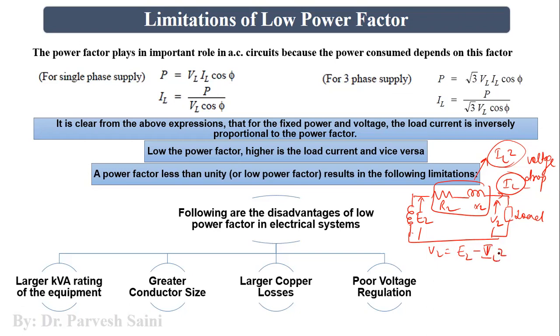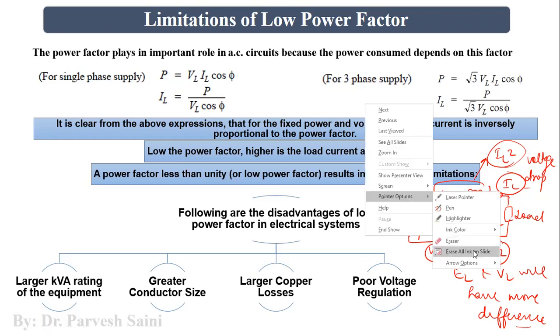So if this increases, V2 will decrease, and E2 and V2 will have more difference. In this case, the voltage will not be able to regulate as per the requirement. So this is the one thing.